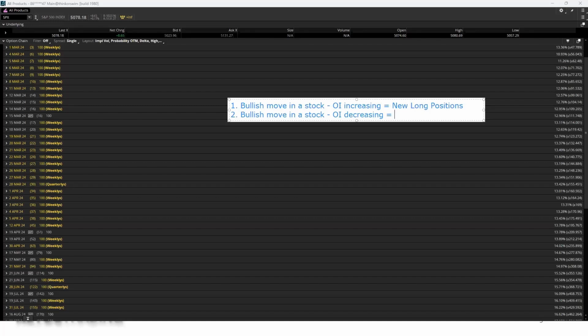How so? It generally signifies, and you'll often see this after a big bullish move, that it's losing steam. Okay. So let's just say uptrend, losing steam.